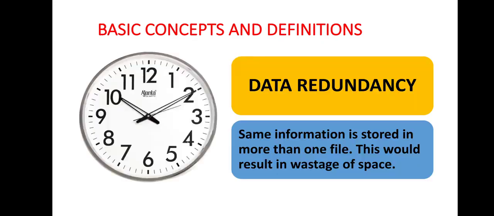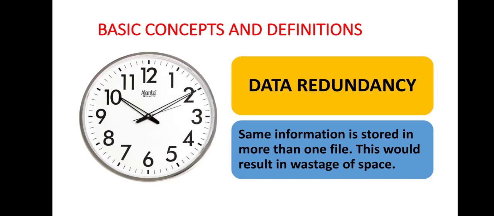Now data redundancy. The example that I am giving you is a wall clock. Now the time is 10:10. Now for example, I am buying many wall clocks like this. As you all know, our school has the ground floor, first floor, second floor, and of course the third floor, and our school has many classrooms.